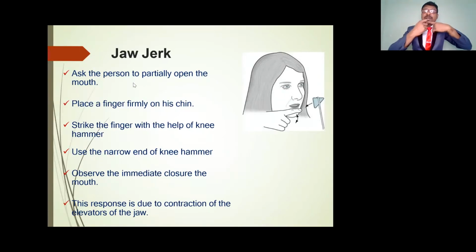Then if you tap over our finger, the immediate response is closure of the mouth. This response is due to contraction of the jaw elevators, which helps in closing the mouth.